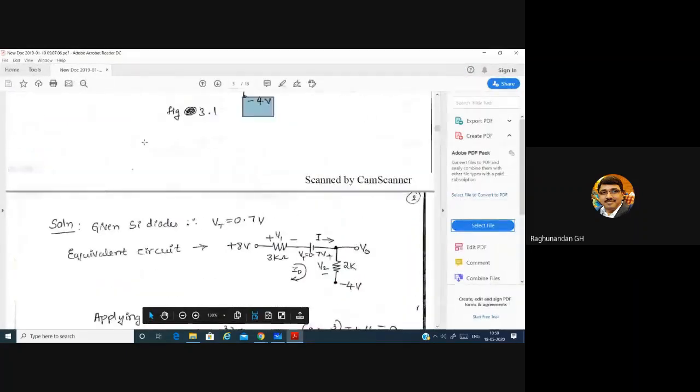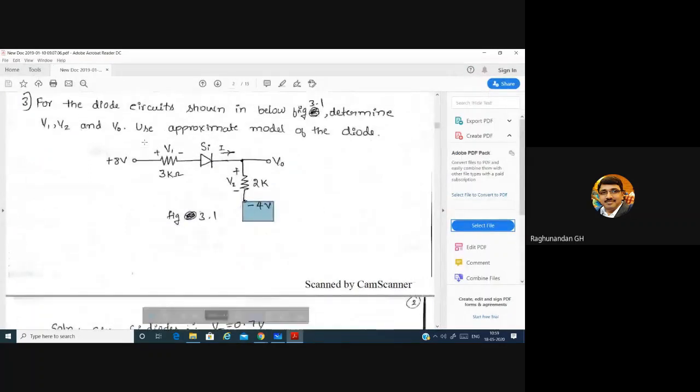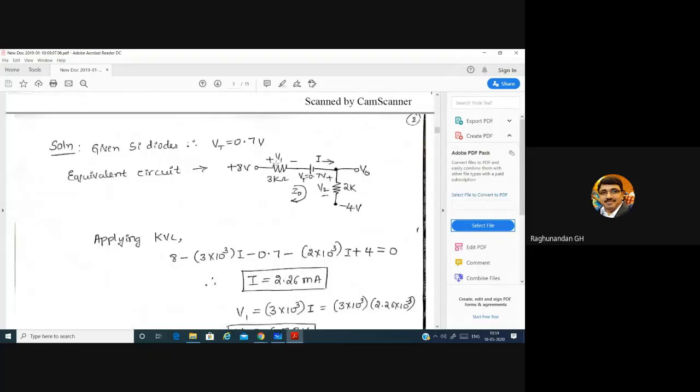But in this question, what they asked is to find V1, V2, V0. That means V1 and V2 are the voltage across this resistance and the voltage across that resistance, and after that the voltage at the output. Sorry, to be precise, the voltage across the 3 kilo ohm resistance and the voltage across the 2 kilo ohm resistance.